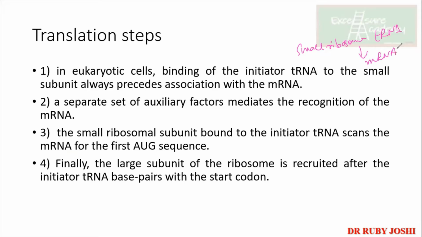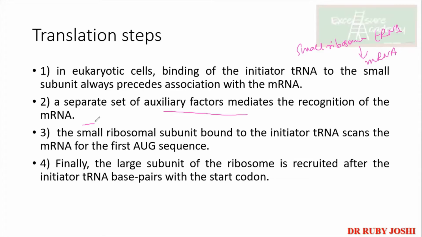Here you have a fixed sequence, whereas in prokaryotes either the tRNA or the mRNA could come first. But in eukaryotes, the tRNA first associates with the smaller subunit of the ribosome, and only then does the mRNA come. You also have a separate set of auxiliary factors which mediate the recognition of the mRNA.